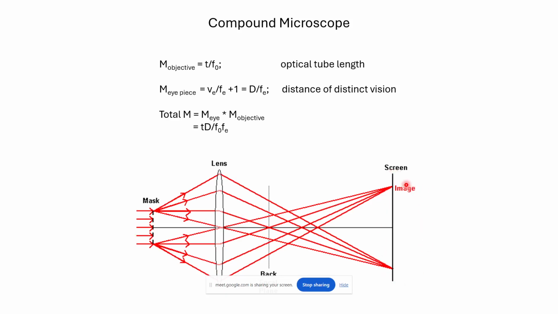This is in real space itself, whereas the back focal plane also has the information of the object in the reciprocal space. We have these formulas for the magnification of the objective lens and the eyepiece, where the total magnification is just given by the multiplication of the eyepiece and the objective lens.